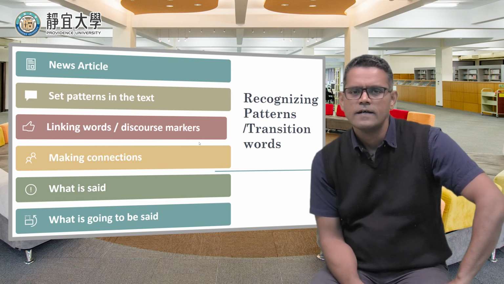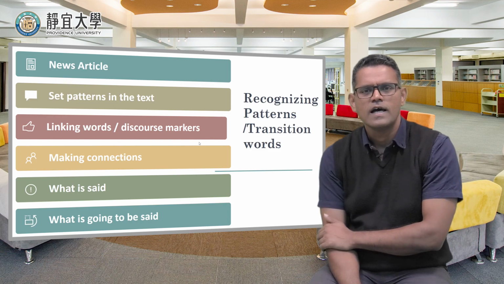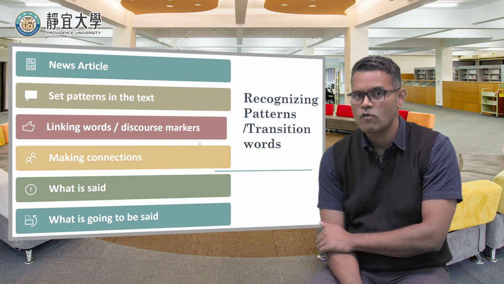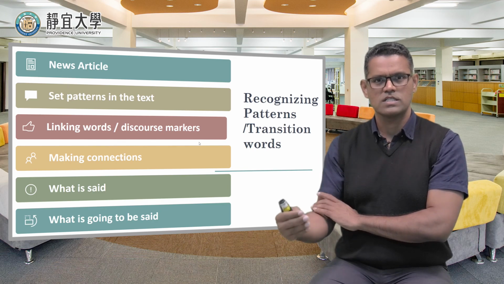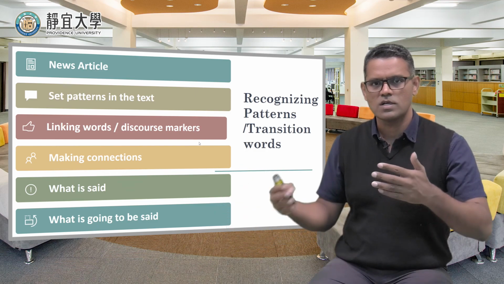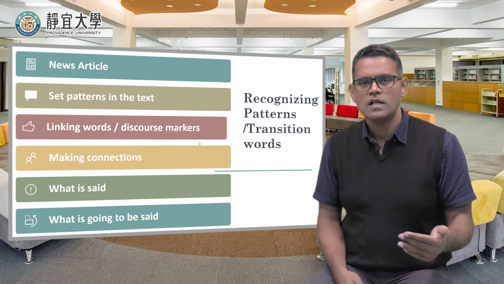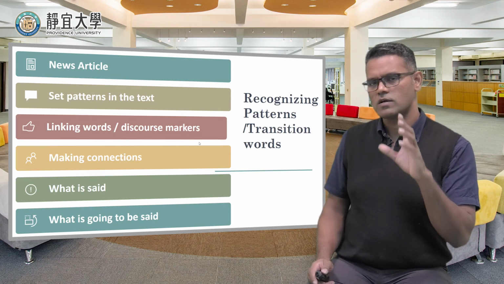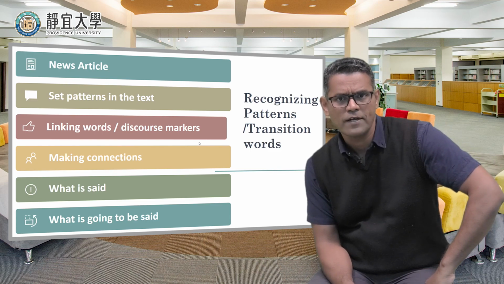And I have mentioned this: linking words make connections between what is said before and what is going to be said in the next sentence or the following sentences. That's why it's called connecting words or transition words. So in the news article, we try to find connecting words, okay?